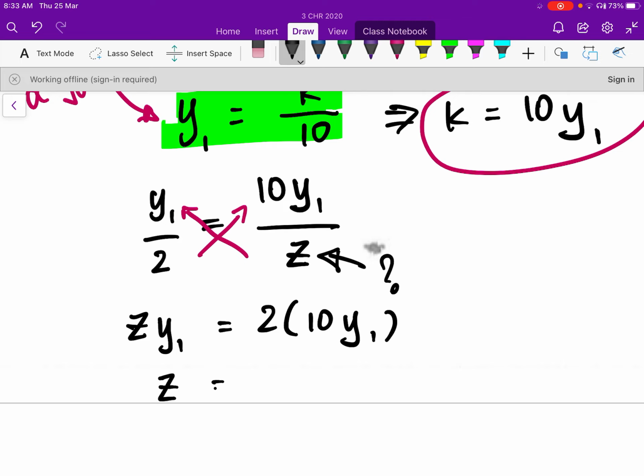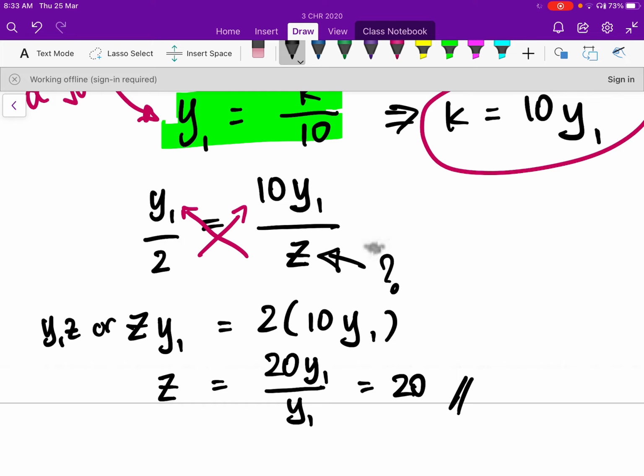Z now equals to 20Y1 over Y1, which is 20. Why not YZ? What do you mean? Oh yeah, you can put Y1Z. They're the same thing.